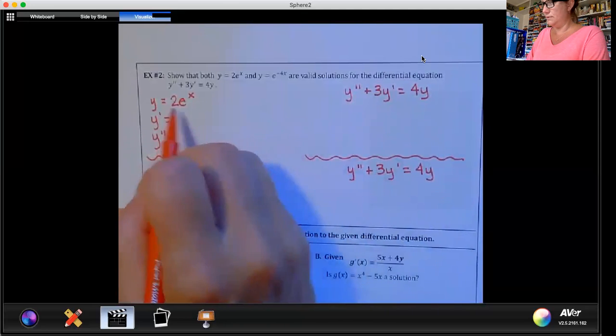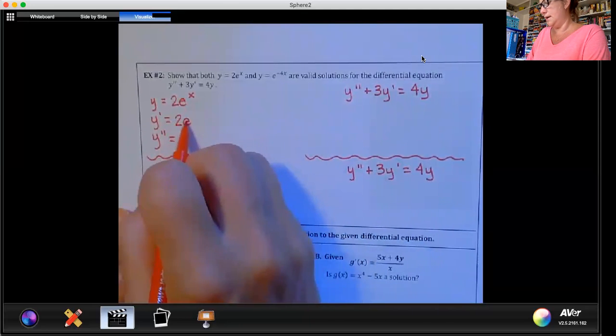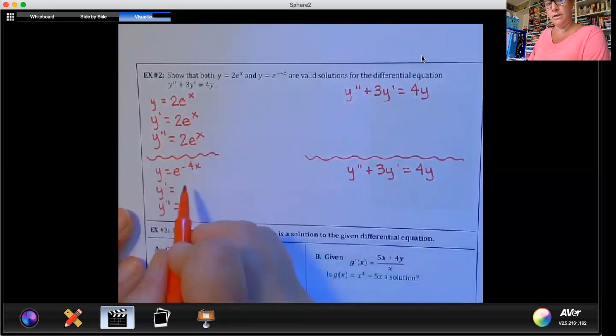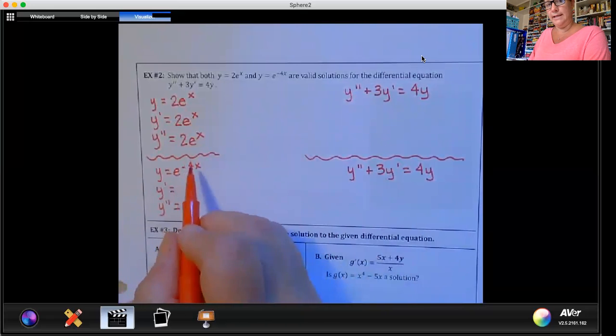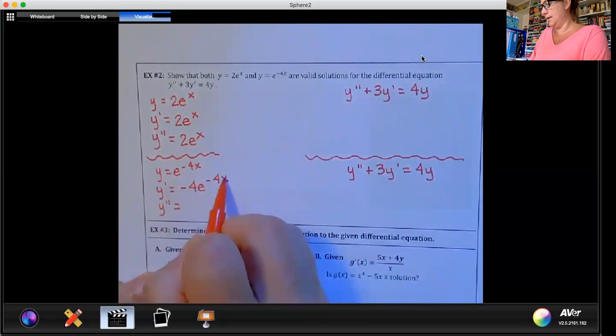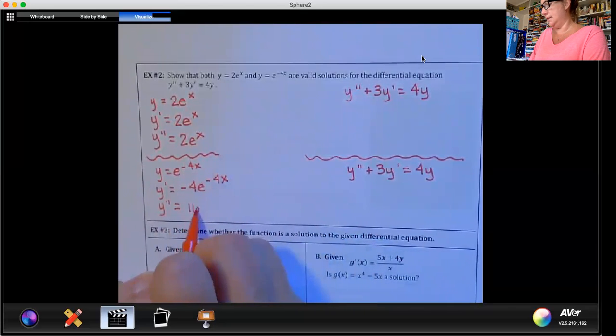So the derivative of 2e to the x is 2e to the x, and the second derivative of 2e to the x is 2e to the x. A little more work here. E to the negative 4x, negative 4e to the negative 4x, and then 16e to the negative 4x.